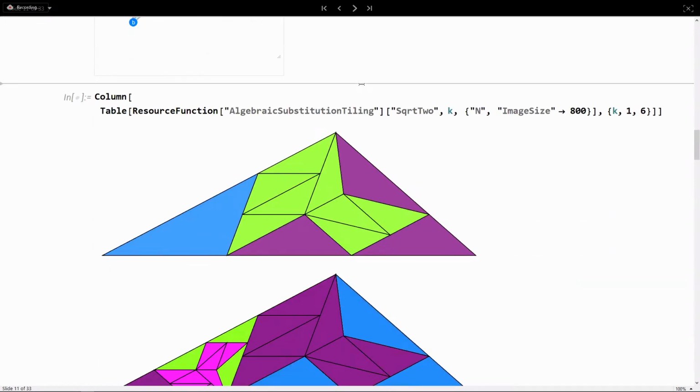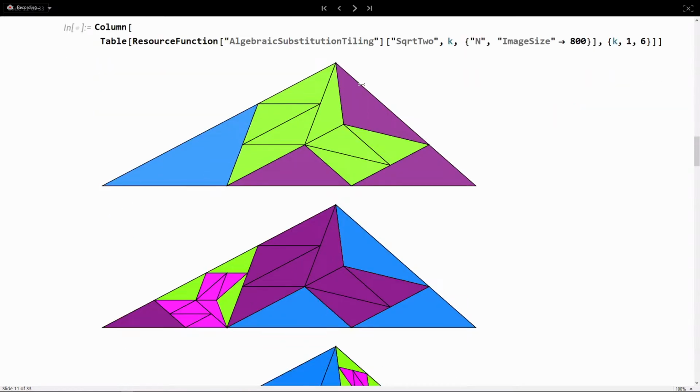And I found that I had those 5 numbers: 2, golden ratio, super golden ratio, plastic constant, and the chi constant. Well, it turns out that 2 has this substitution tiling. You start with this triangle, and all these are similar triangles inside.